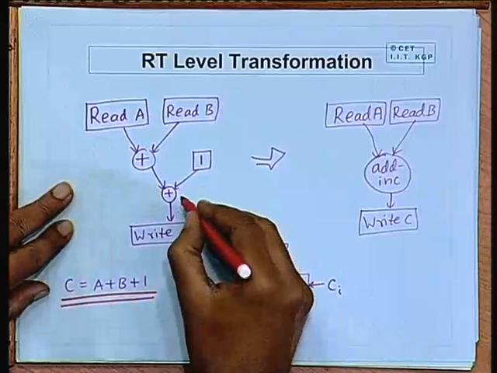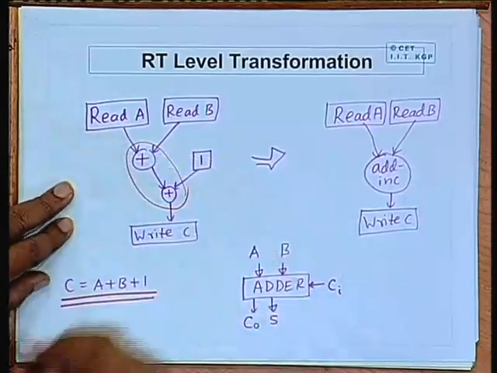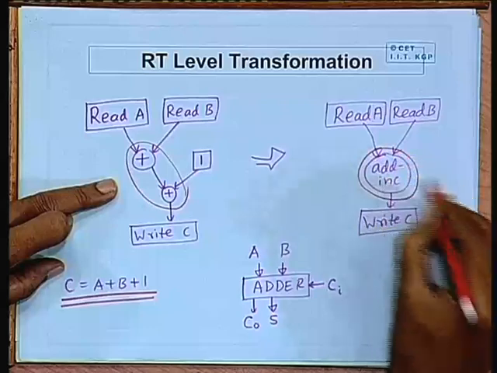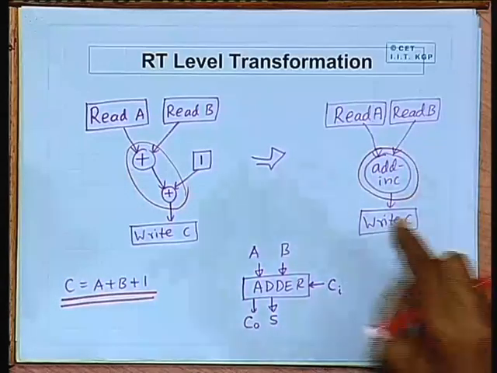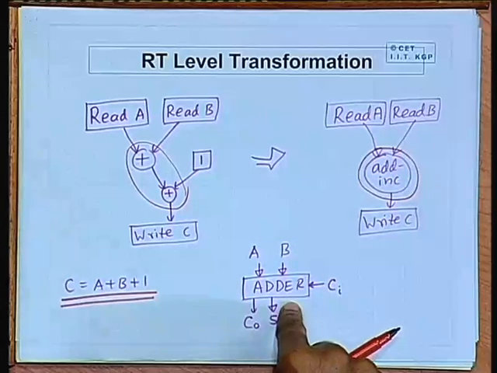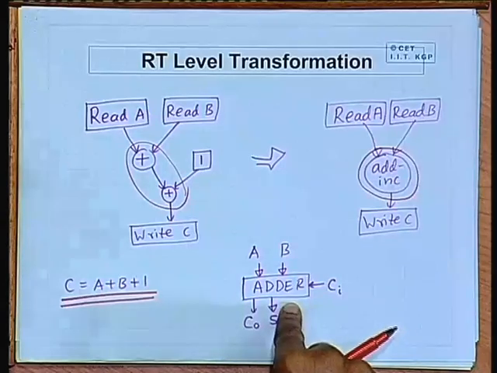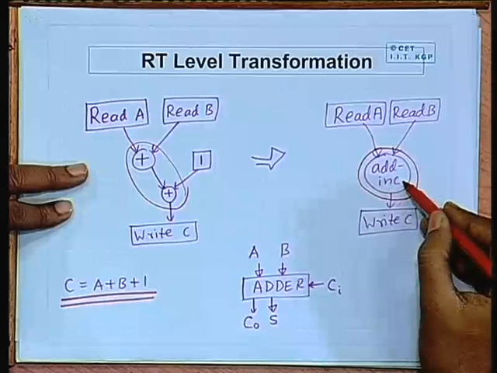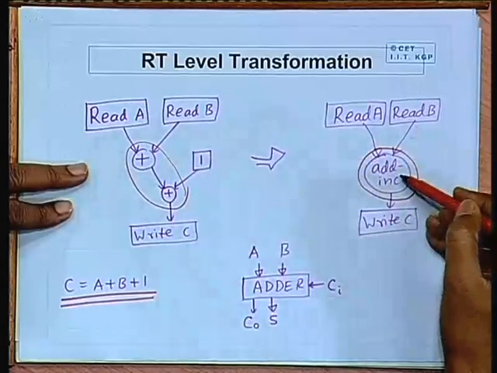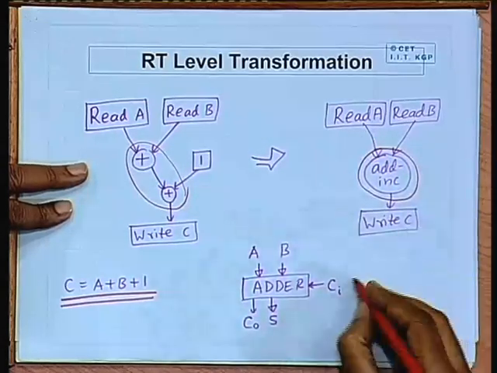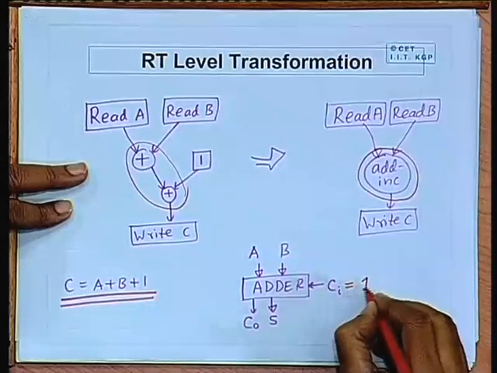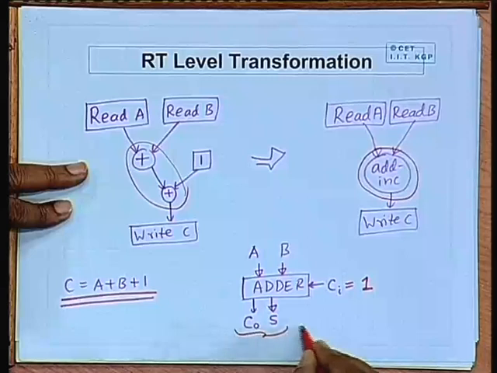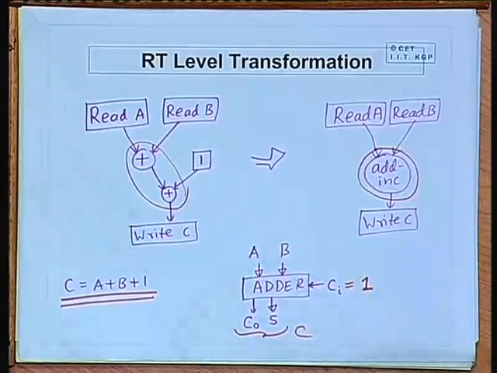Rather, these two adders I can combine into a special operator, add increment, which I can also implement using the available adders. So, this can be transformed into an add increment operator, where A and B go in and the result is written to C. In this case the carry input will be set to 1, A and B will be coming in, and the output will be your C.